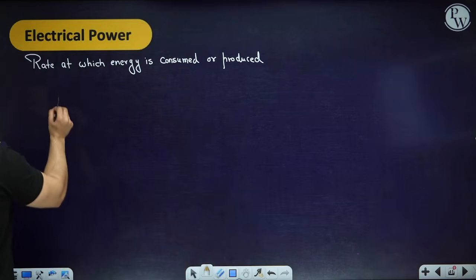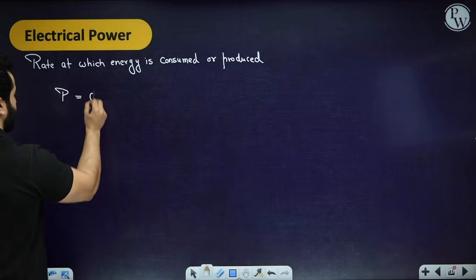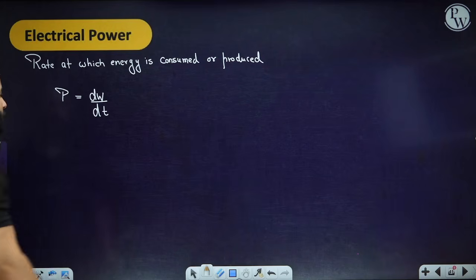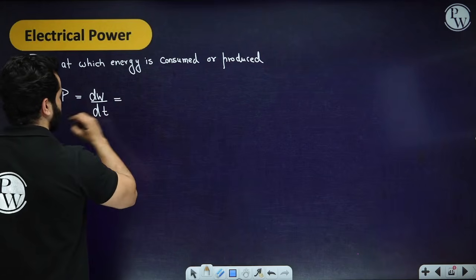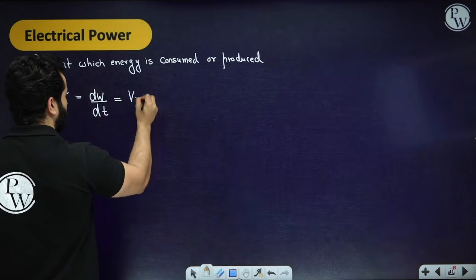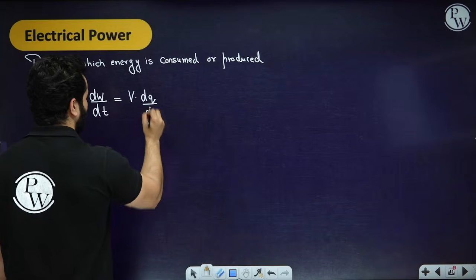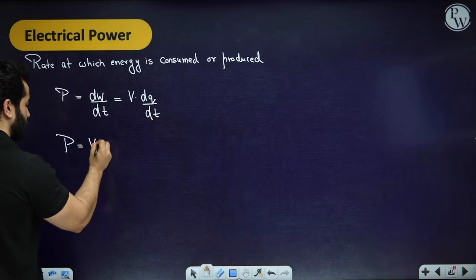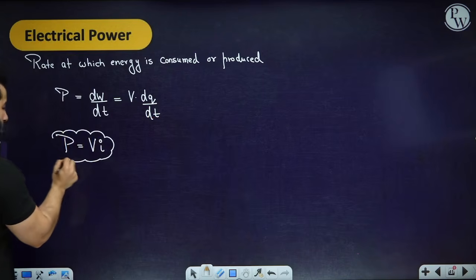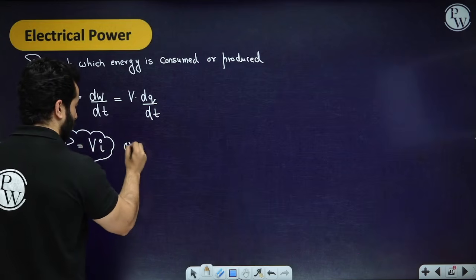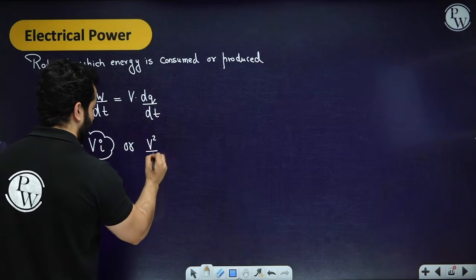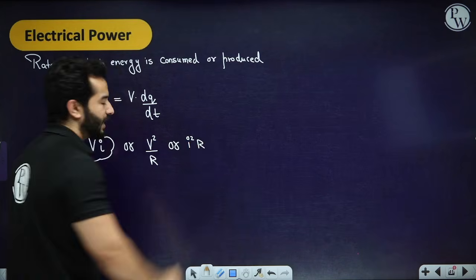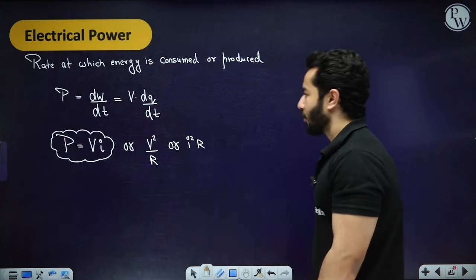So power is going to be dW by dt, right? And we know that dW can be written as V dq, so that would be V dq by dt. Or then you can have different formulas like P equals VI or V square by R or I square into R.